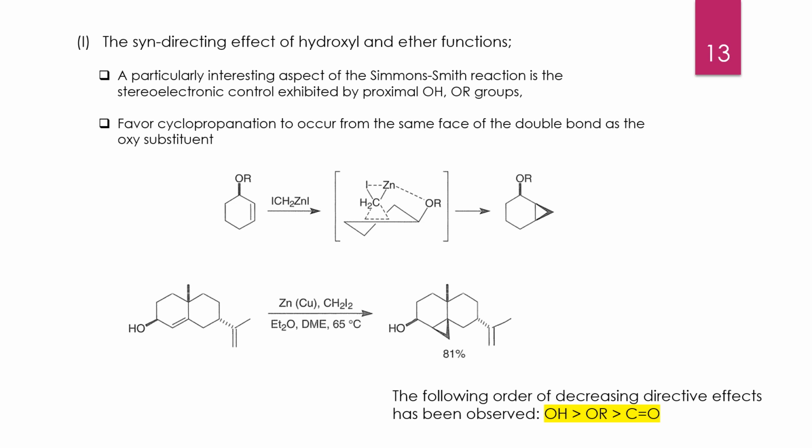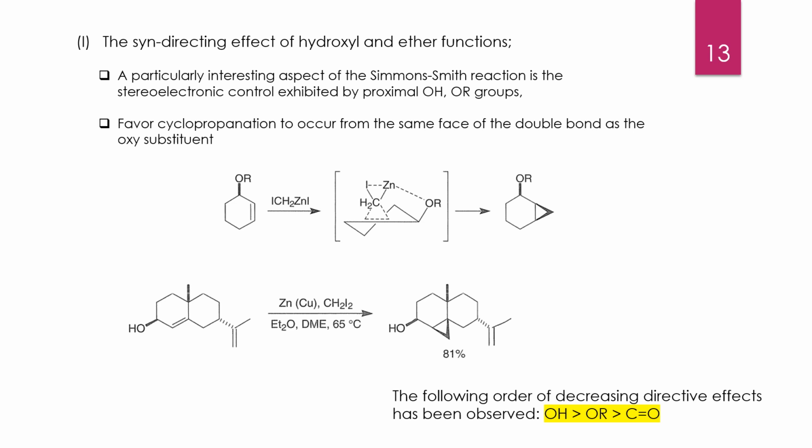It will favor, through coordination with the zinc compound, the oxygen coordinating with zinc, because zinc in the plus 2 state has some vacancy to coordinate with the lone pair of the oxygen. Due to this coordination, the product will form selectively above the plane, because this OR group is above the plane.